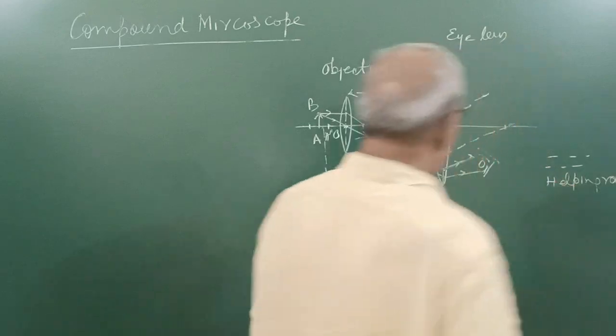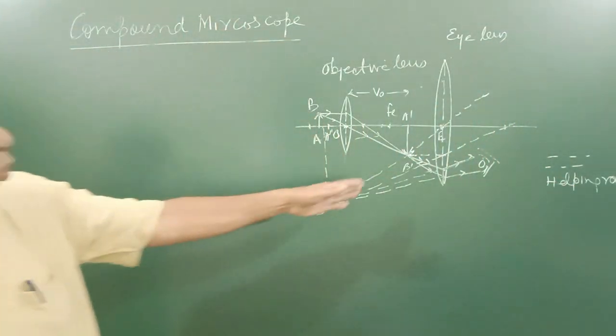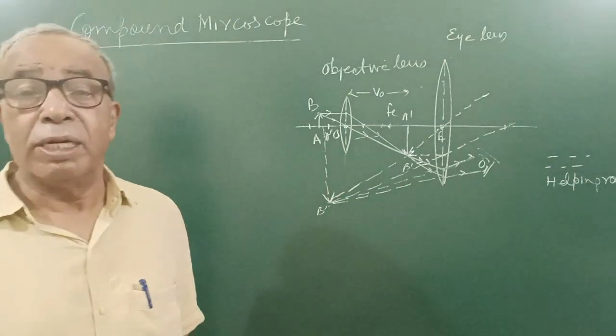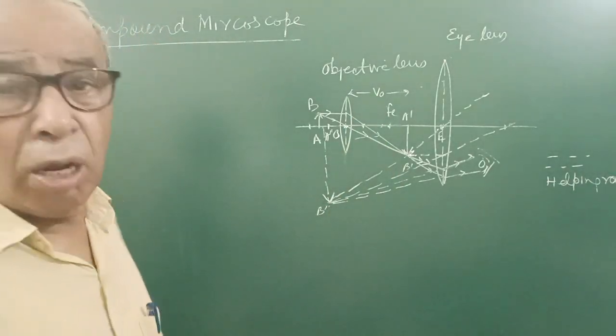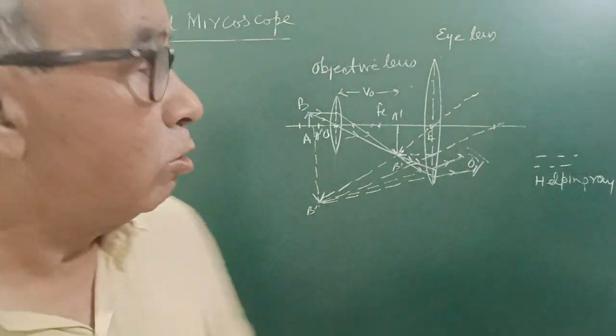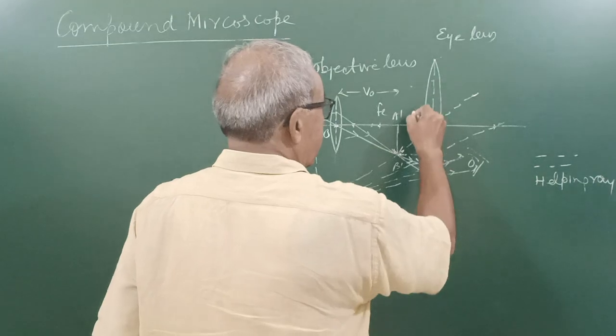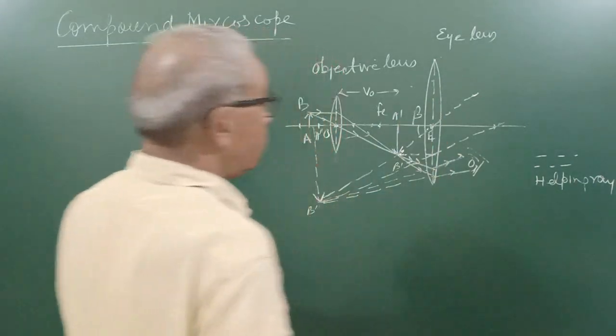In our books, most books don't use this diagram. I don't know how they are explaining it to students, and students are in trouble. Now this angle here is beta.